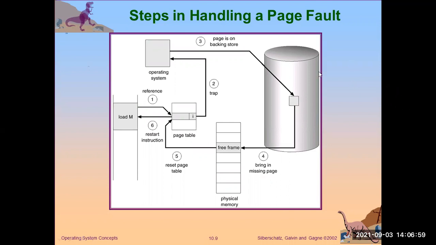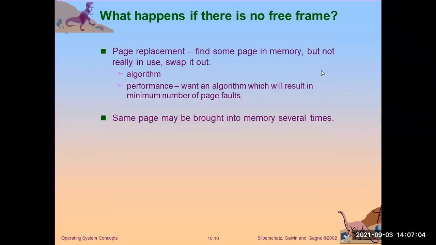So let's move on. Now the question type is here. As I already said, what will happen if there is no free frame? Whenever there is a page fault, what if no frame is free in the main memory?